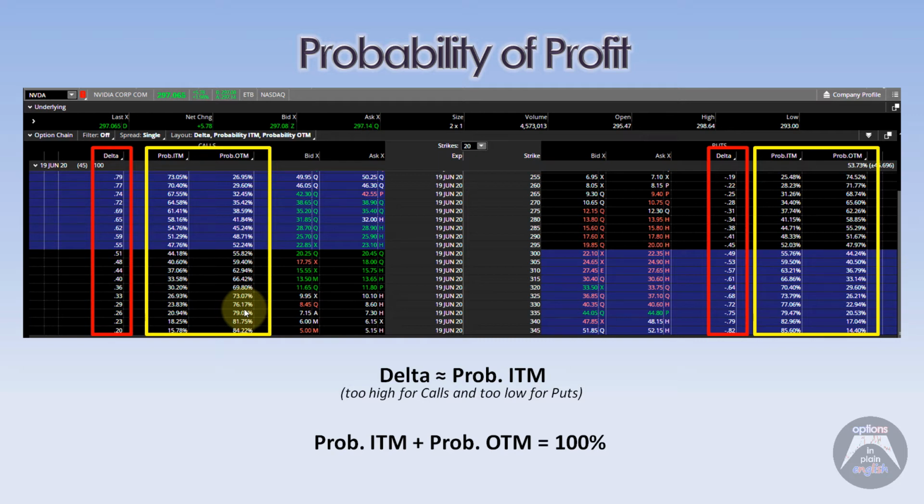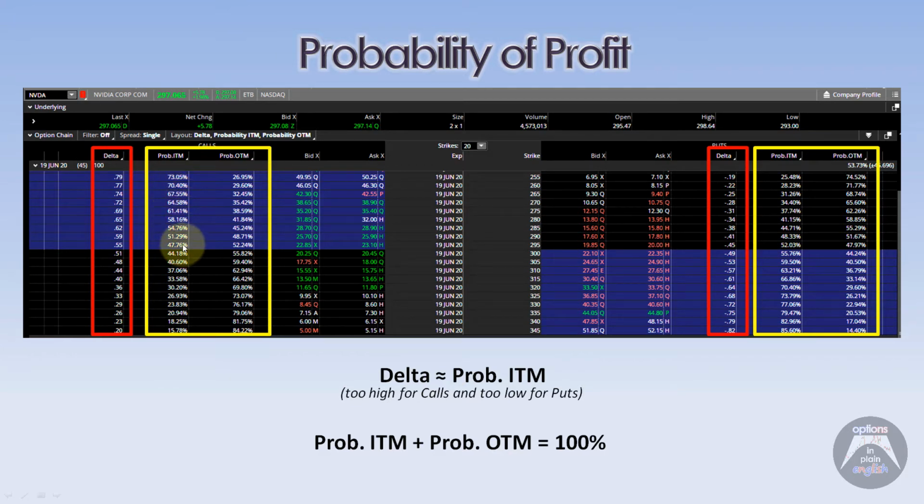What I've always done is, if you have delta, probability of expiring in the money and probability of expiring out of the money, you can use whatever you want. I would suggest you use either in the money or out of the money. And for me and for the traders that I've trained, I've always suggested to use probability of in the money.